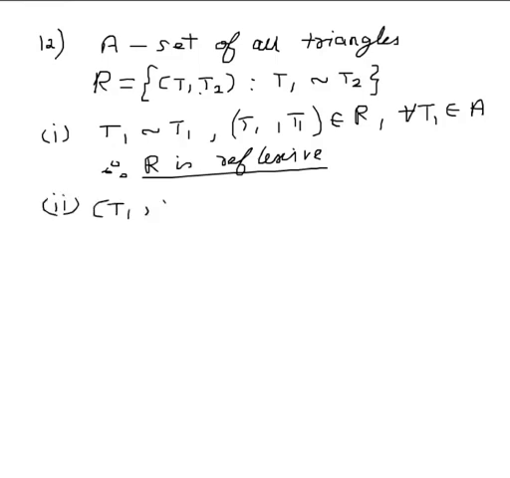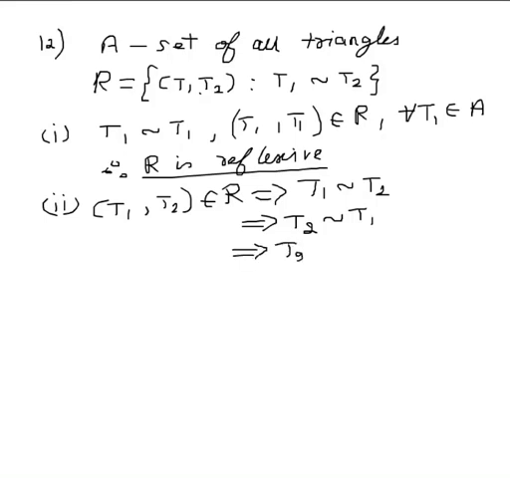Now let us take an element T1, T2 from this relation R, which implies T1 is similar to T2. So if T1 is similar to T2, I can very well say that T2 is also similar to T1.